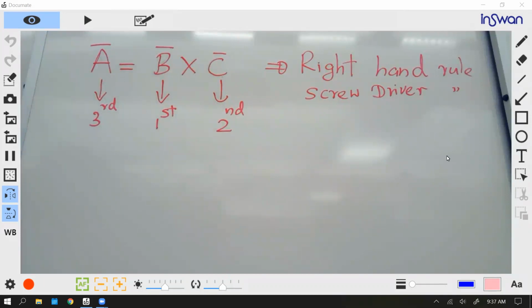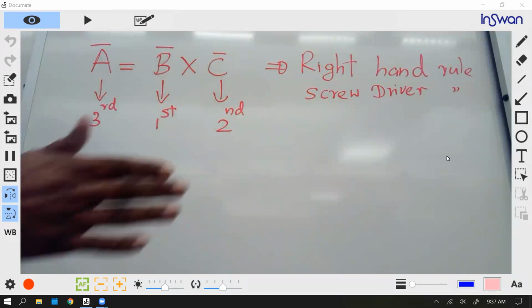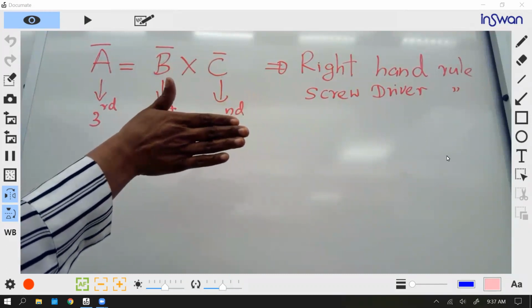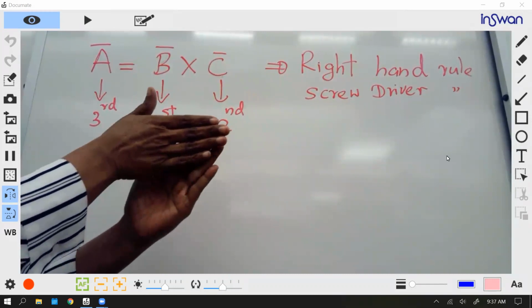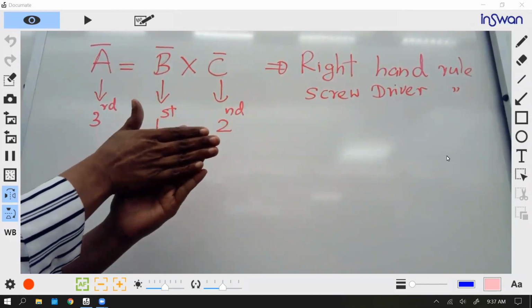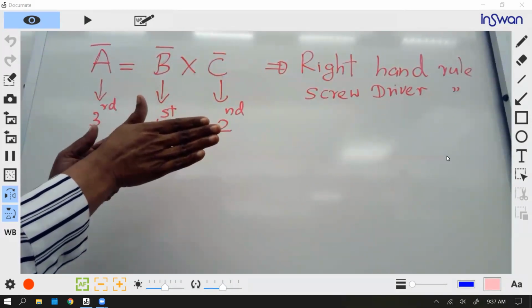So to find this, what we're going to do is take your right hand, and point all your fingers towards your first vector. In this case, my first vector is vector B, right?